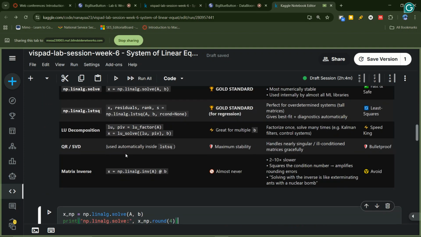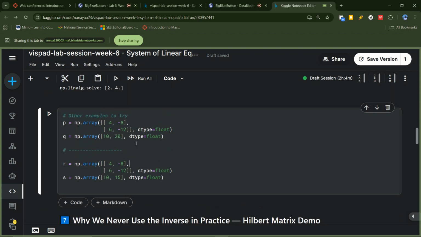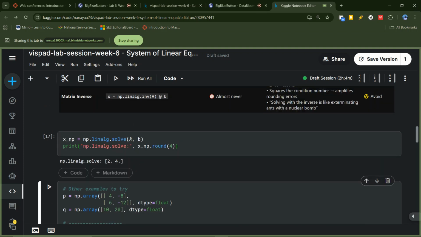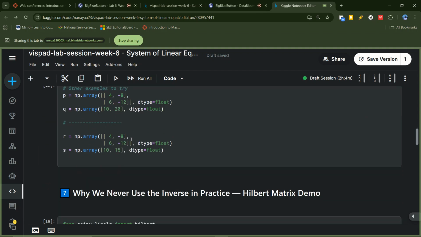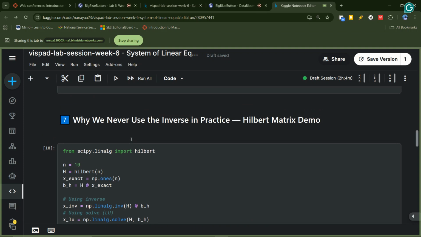These are just some examples you could try with. Instead of the A, we could put P there, we could put Q there, just to find what your unknowns will be. If you get the Jupyter notebook, you'll be able to print it yourself and understand what exactly happens.